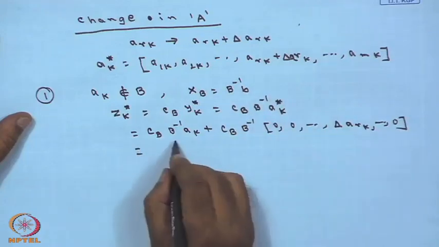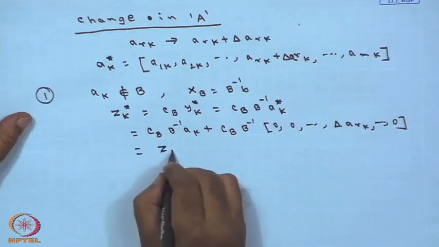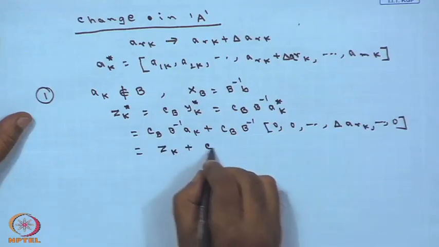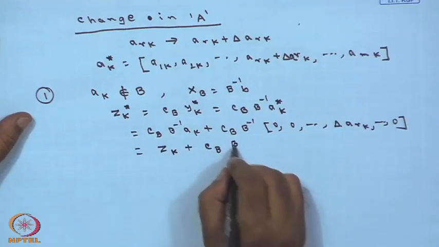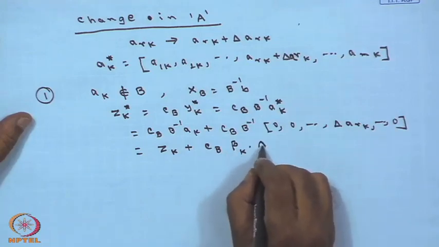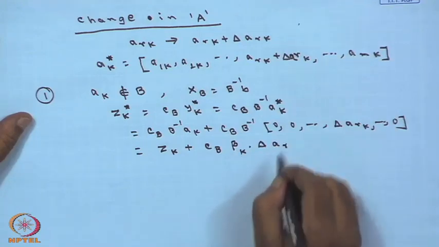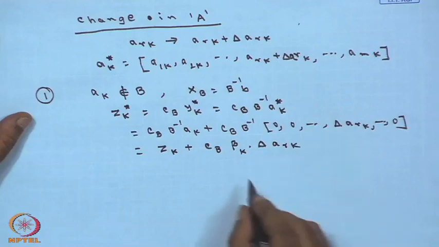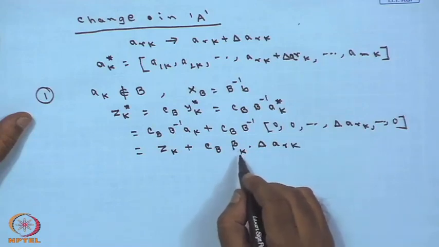So, this is nothing but the old z_k plus C_b beta_k into delta a_rk. Again beta_k, just like the earlier one, is the kth column of B inverse.